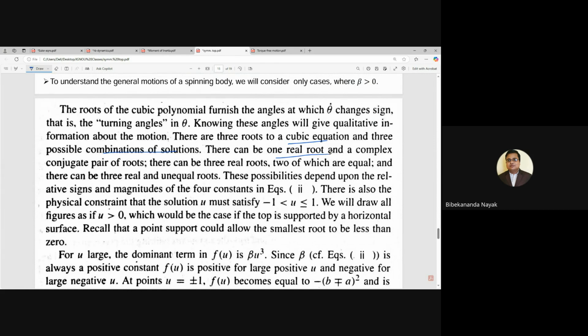There are three possible combinations of solution. There can be one real root and a complex conjugate pair of roots. There can be three real roots, two of which are equal, and there can be three real and unequal roots. Okay. These possibilities depend on the relative signs and magnitudes of the four constants alpha, beta, A, B. There is also the physical constraint that the solution u must satisfy minus 1 to plus 1.